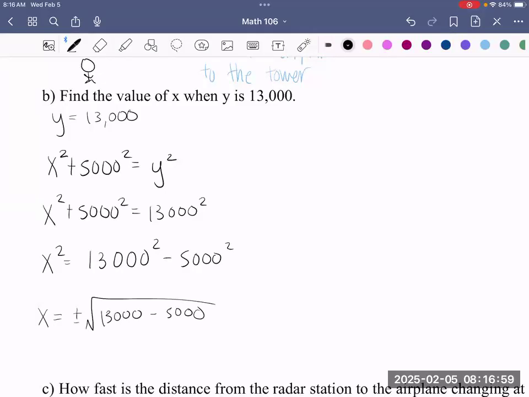Taking the square root of 13,000 squared minus 5,000 squared, we end up with 12,000 feet. Now, our answer should come out as the positive half of it because we are talking about a distance, a unit of measure. So far, we now have your x, which is 12,000 feet, your y, which is 13,000 feet.